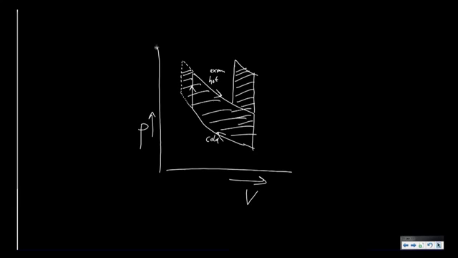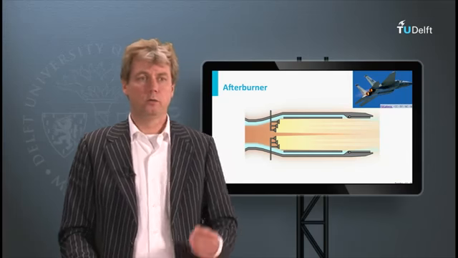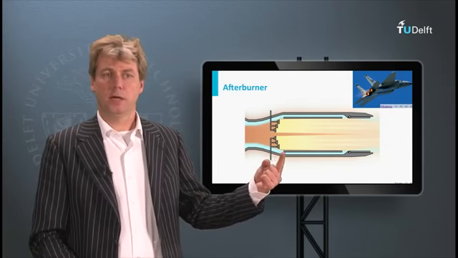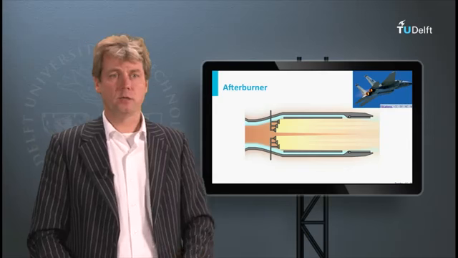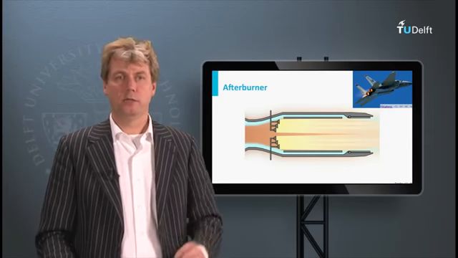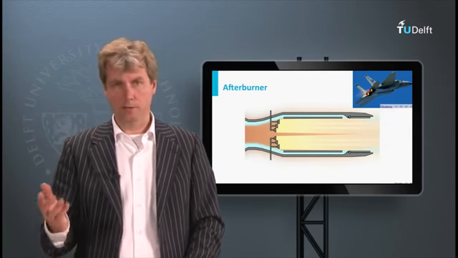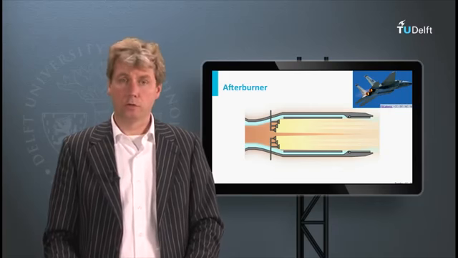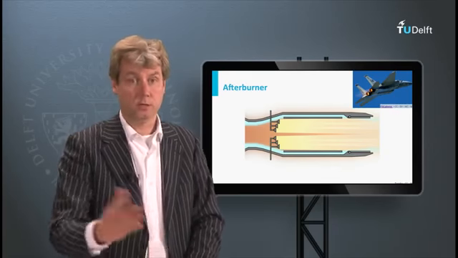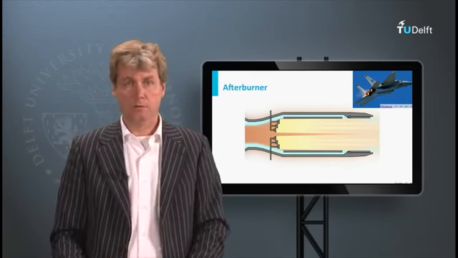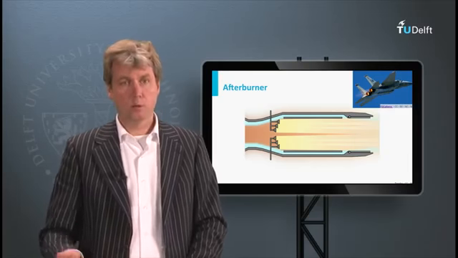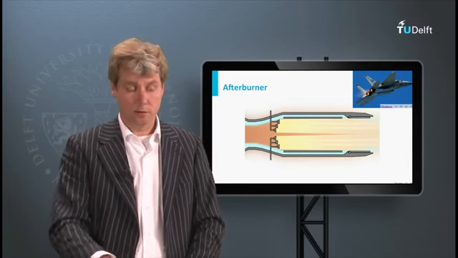It's not the most efficient way, but it is what is done in the afterburner, where you basically have extra fuel in the hot exhaust, which ignites automatically. You see the jet fighters use it to let the engines give an extra kick for a short while, because it's not a very efficient way. It's close to the ramjet way of generating propulsion, but it is a way to increase the thrust generated by this engine.